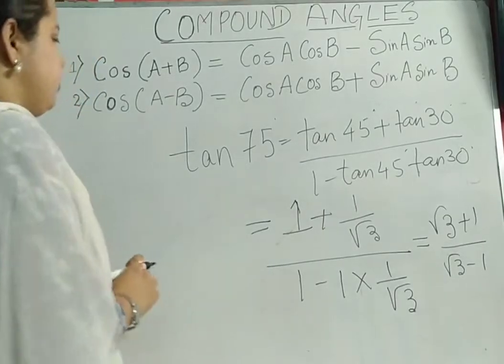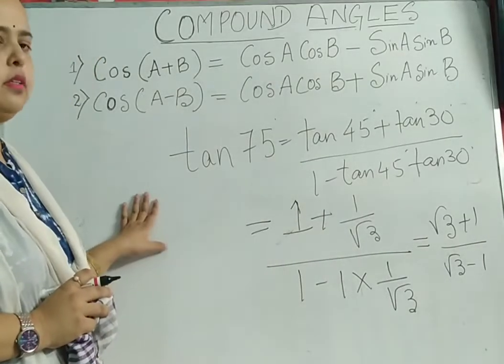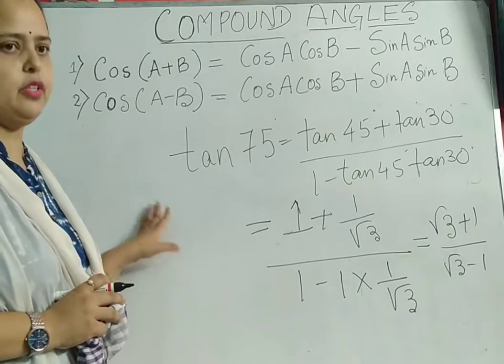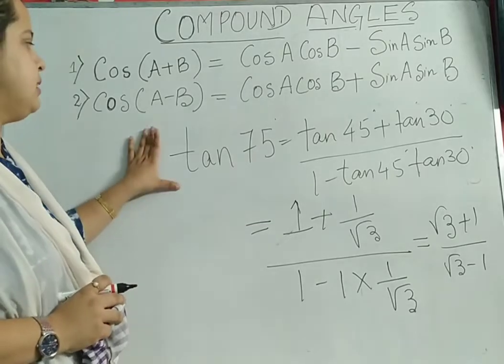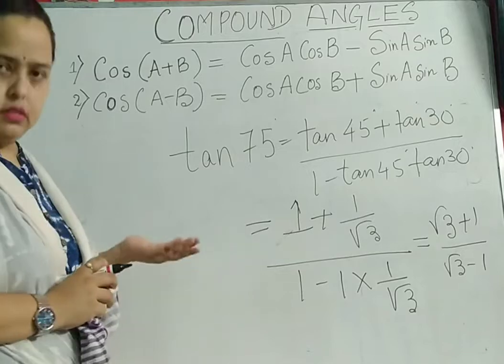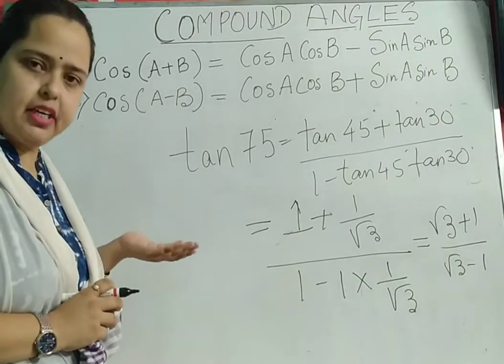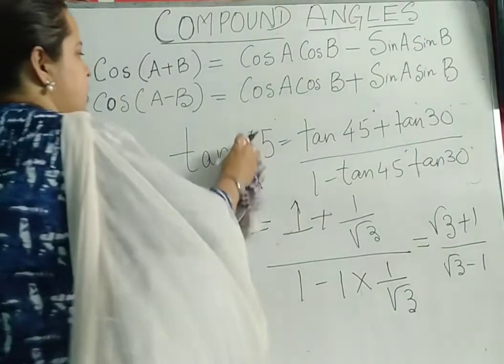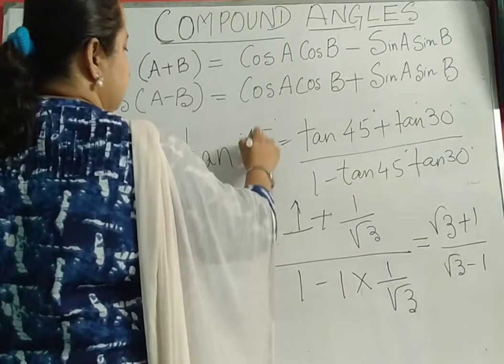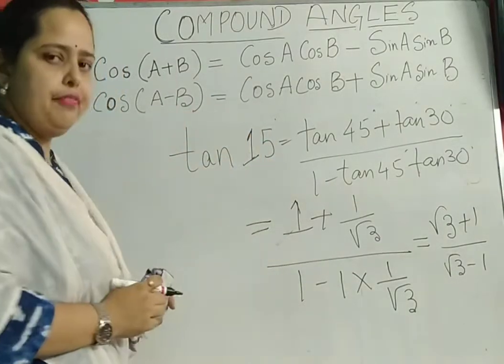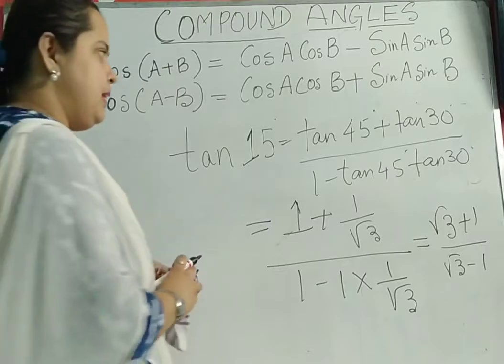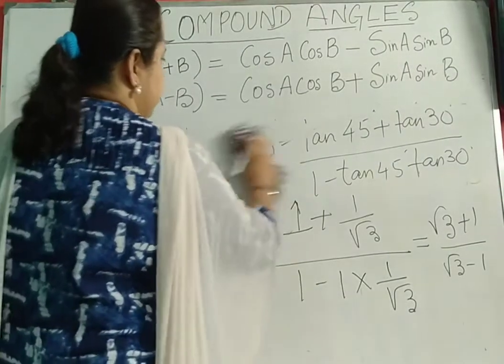Now, you have to remember certain values. It is better for you. It is good for you. So, tan 75 can be even said as cot 15. And you can even find out the value of tan 15 using the tan of A minus B formula. Please do try as I am telling you all.